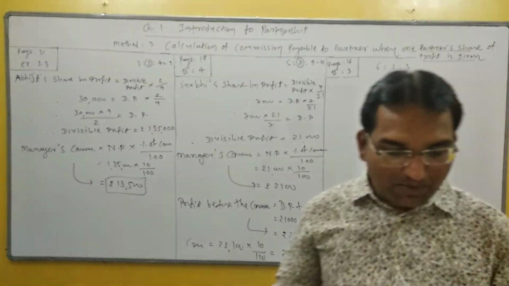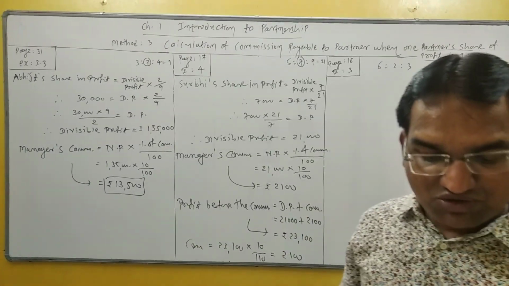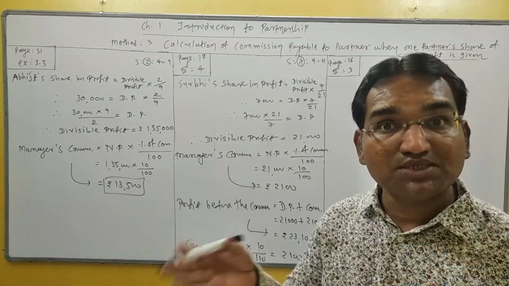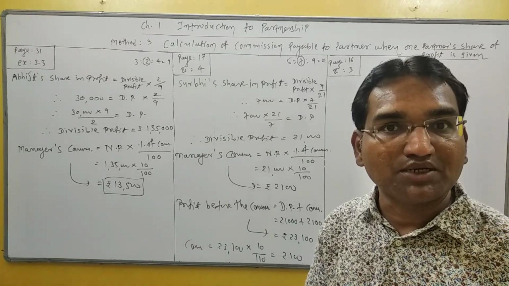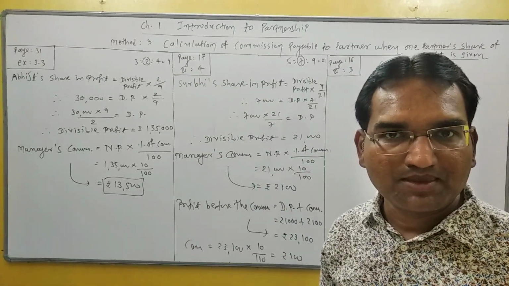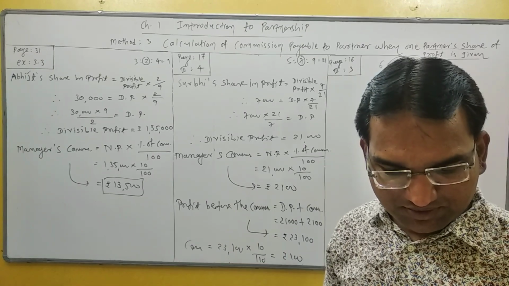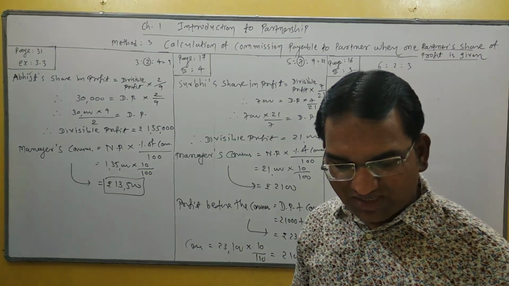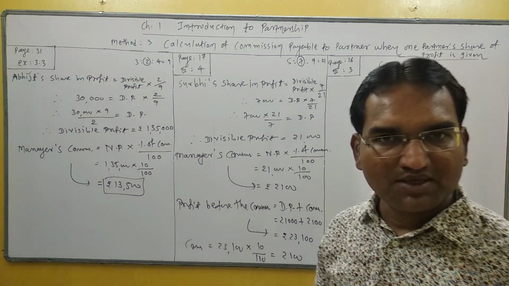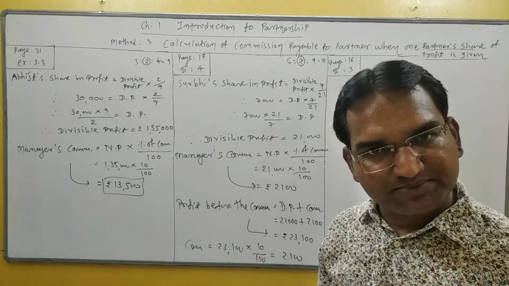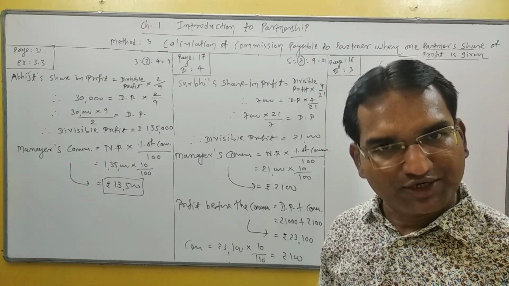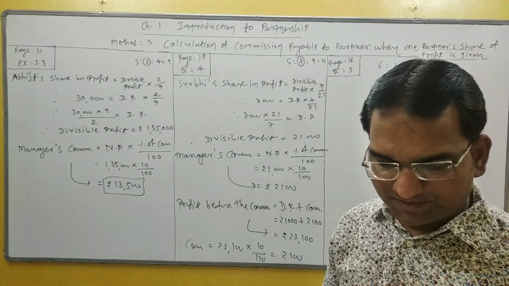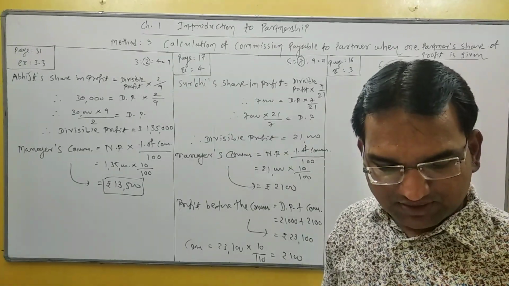A manager has received commission of rupees 6,600. Students, a different type of example. Commission is given. Manager commission is 10% after deduction of such commission.